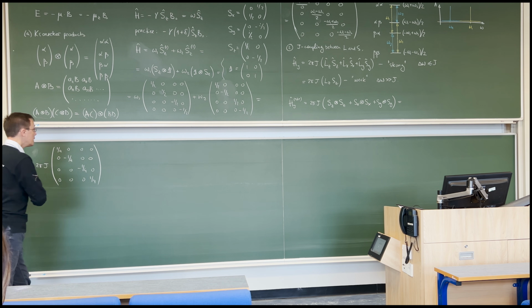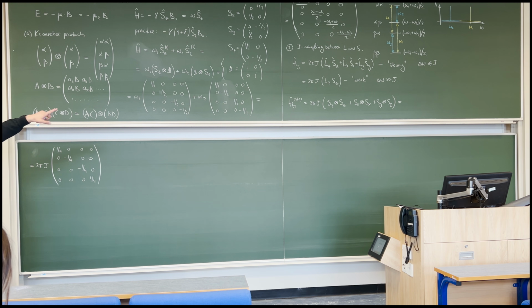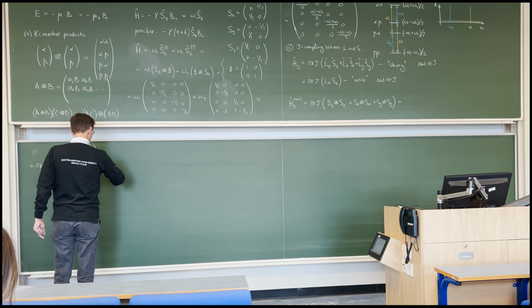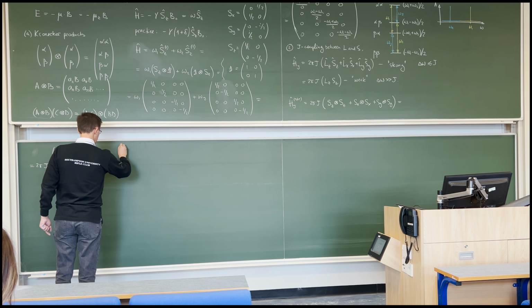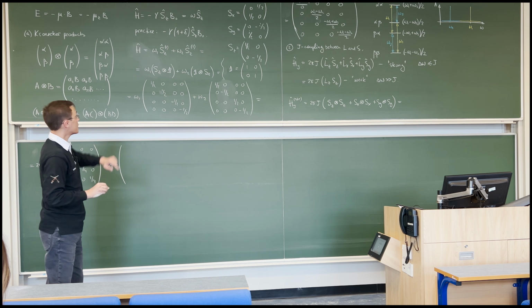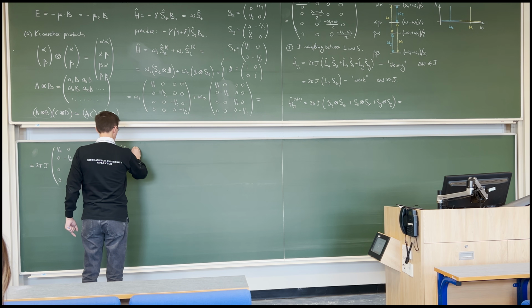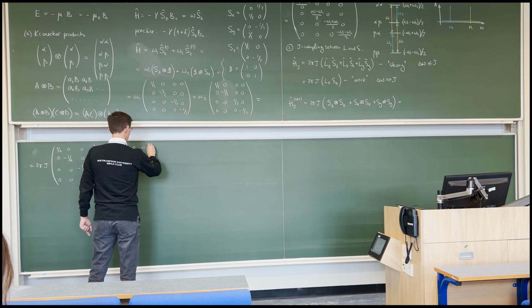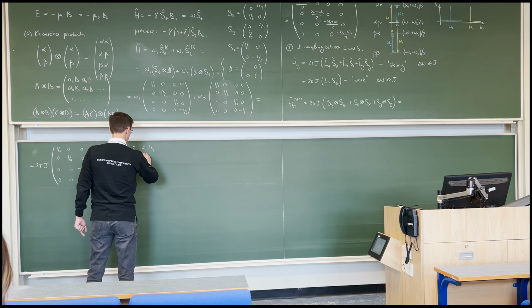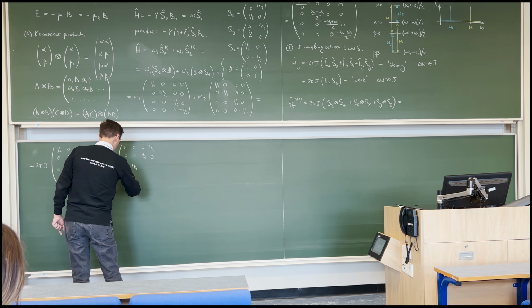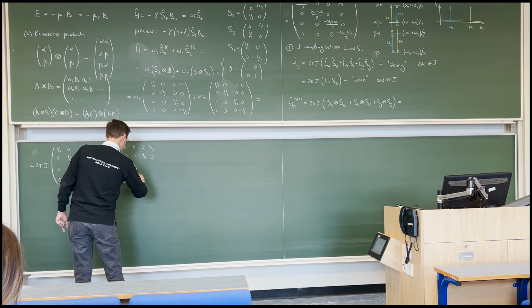This is the ZZ term. Then plus 2 pi J, the XX term. Exactly the same. So 0, 0, 0, 0, then 0, quarter, quarter, 0, then 0, quarter, quarter, 0.